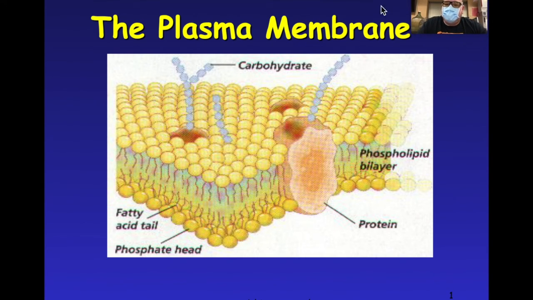Okay, let's go ahead and start this next unit. It's going to be on plasma membranes. So, when you looked at cells, one of the organelles you probably had to learn about was the plasma membrane.